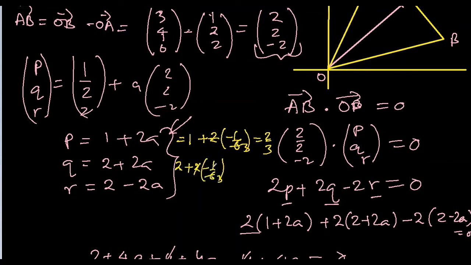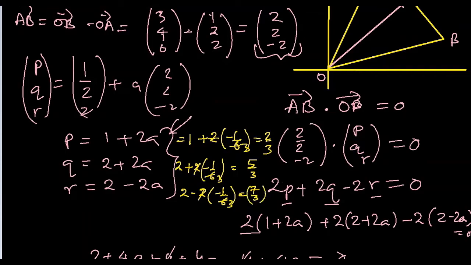So 2 minus 1/3 will be 5/3. 2 minus 2 times minus 1/6. 2 and 6 cancel, and there is a plus. 2 plus 1/3, which is also 5/3. Rather, 2 plus 1/3, no, 7/3.